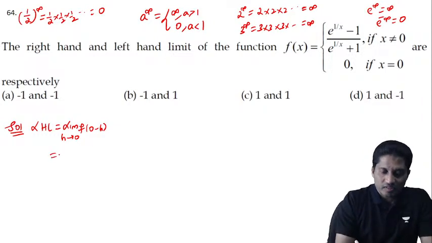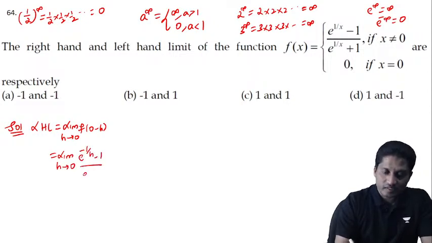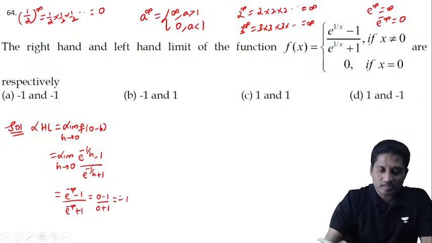The left hand limit is the limit as h tends to 0 of f of 0 minus h. f of minus h is e to the power of minus 1 by h minus 1, over e to the power of minus 1 by h plus 1. As h tends to 0, you get e to the power minus infinity minus 1, over e to the power minus infinity plus 1. So this is 0 minus 1 by 0 plus 1, which is equal to minus 1. This is the left hand limit.